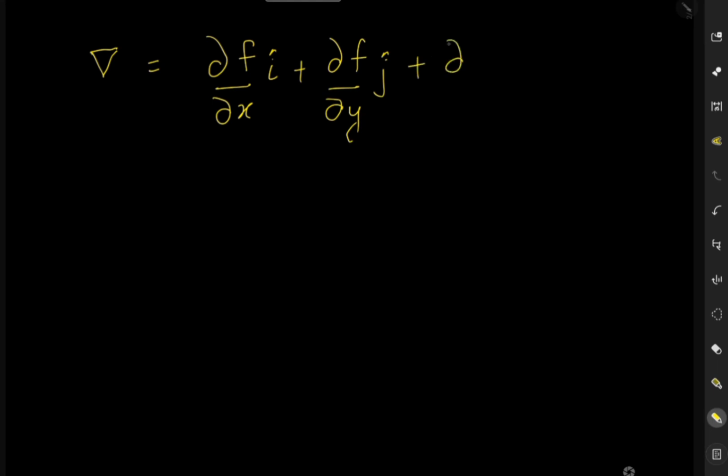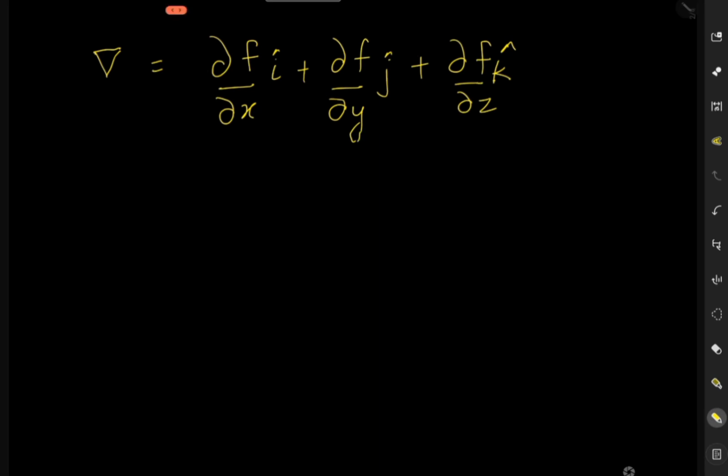Now we will see what is the definition of gradient. Gradient is represented by this symbol, which is defined as del f by del x i cap plus del f by del y j cap plus del f by del z k cap. So what is the meaning of this gradient?